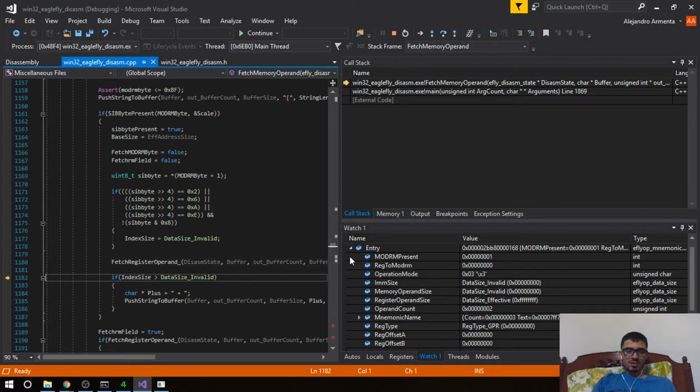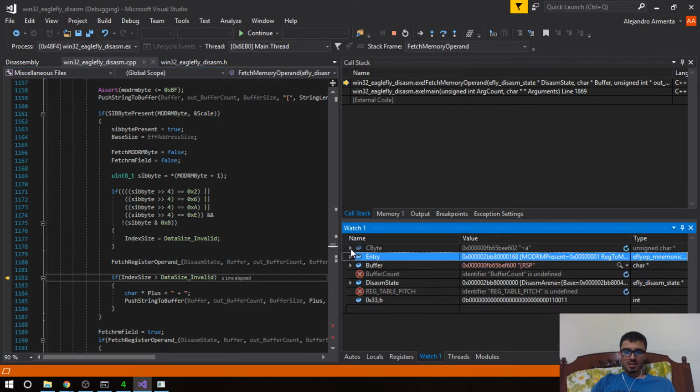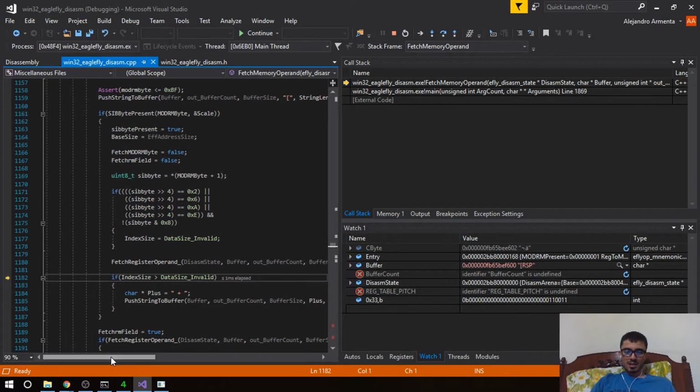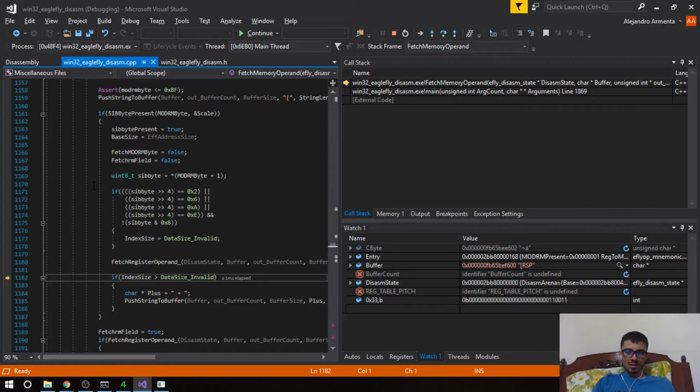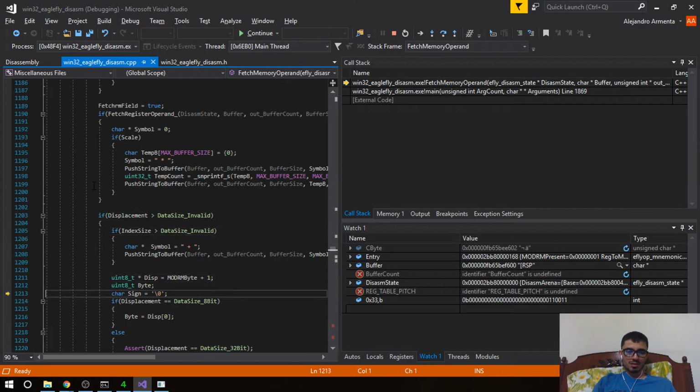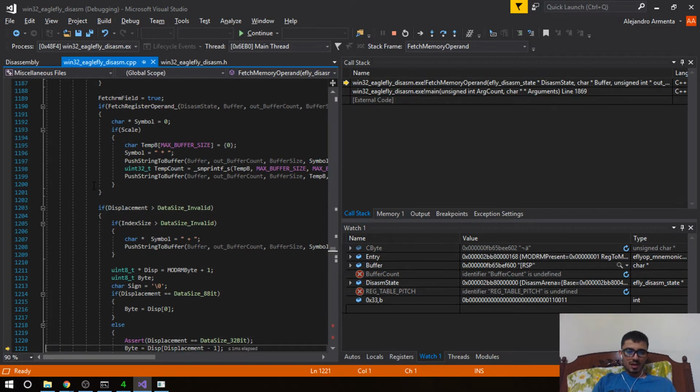We're gonna fetch the register, and we get RSP, this is for the base, which is okay. And then we don't have index size, so this is all bananas and it's not gonna work. The displacement, we do have them, but it's gonna be taken from an incorrect place, I believe.